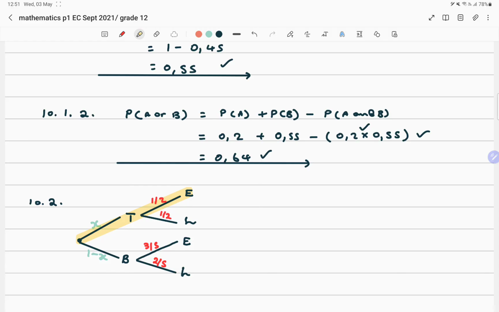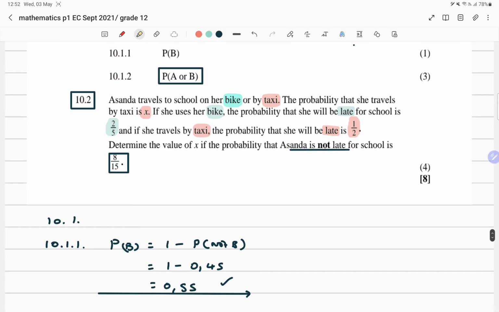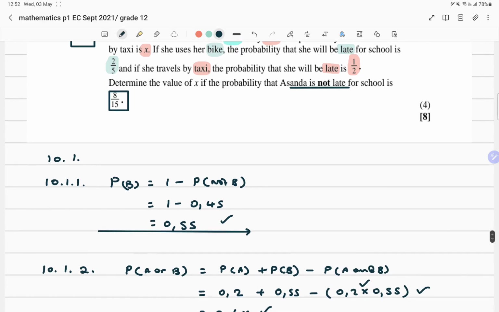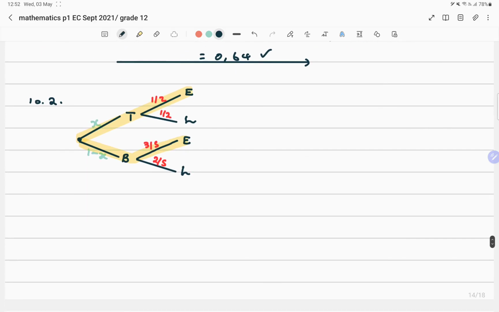If she's not late, she's early. Or it is this arm. Okay? So those are the arms to consider for her not to be late. Okay, and then we're told that that probability is 8/15.